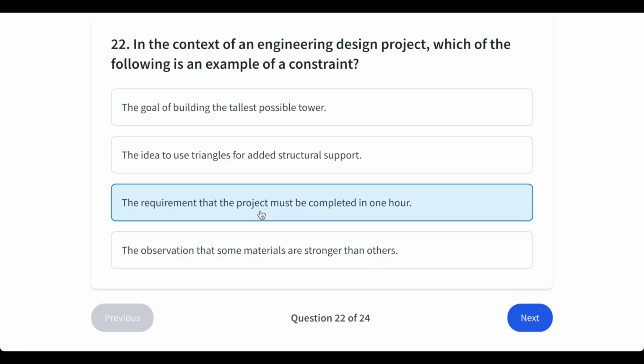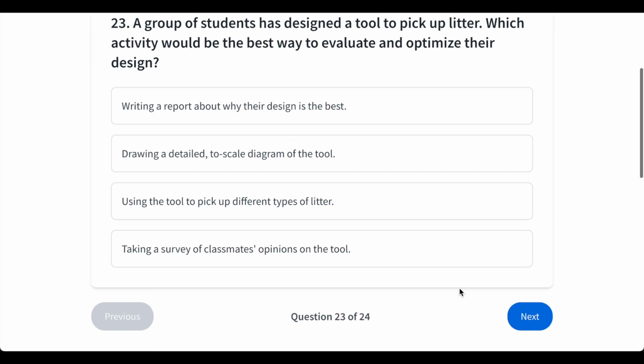The requirement that the project must be completed in 1 hour. This is a limitation or a restriction, and this is exactly what the question is asking for. So, other constraints might be time or budget or availability of materials. All right, moving to question 23.